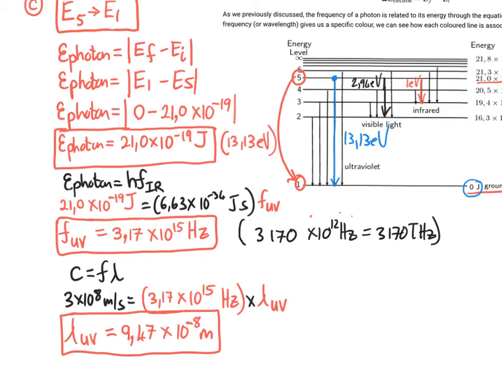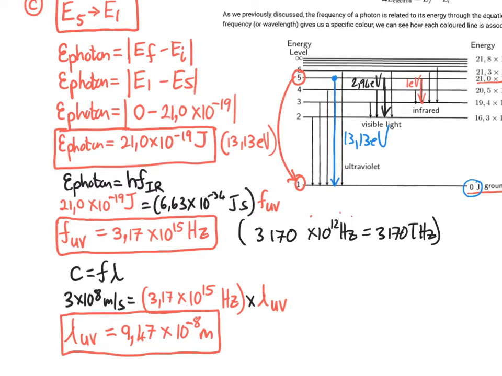Now we substitute this frequency of UV into this familiar formula for the wave equation, and using c for electromagnetic radiation, we get that the wavelength of UV is 9,47 times 10 to the minus 8 meters.